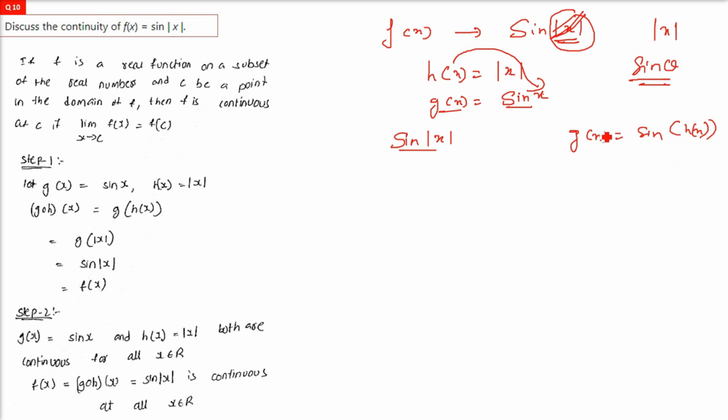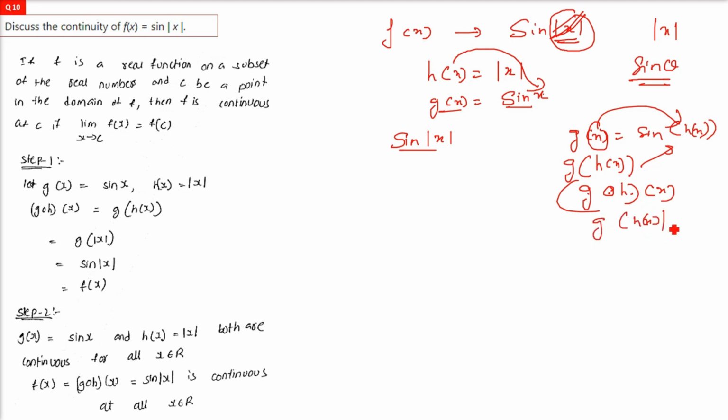So what does it mean? That means in place of x, you have put h(x), which is actually a function. So g of h(x) is sine of h(x). This is the only way the sine h(x) will come. I am just trying to tell you that there is a combination of two functions, or you can say an operation of two functions, which is g composed with h, because (g∘h)(x) is g of h(x).